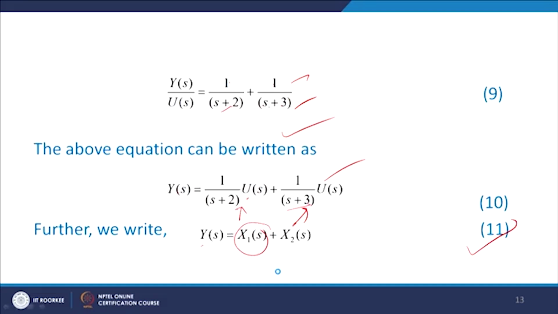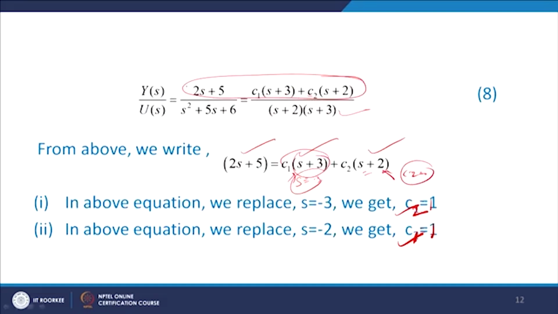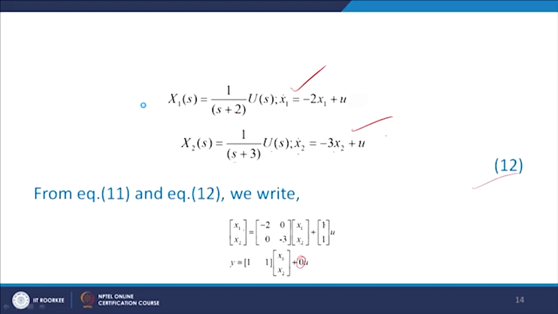But in the same problem, if I have taken 5s square plus 2s plus 5 over s square plus 5s plus 6, then in that case this 5 may reappear here, this is 5 into u.